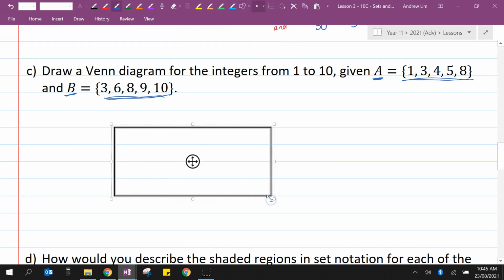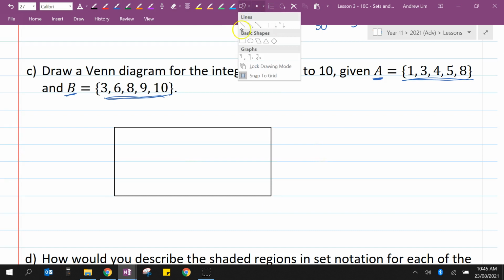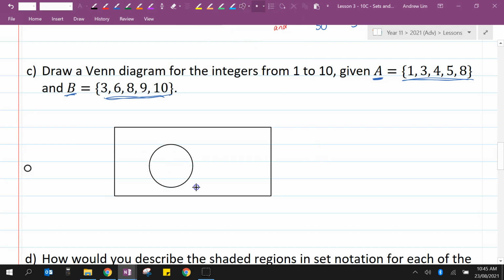Remember, you must have that rectangle on the outside. Don't just draw the circles in the middle and that's it. Okay, and make sure you label your sets as well.